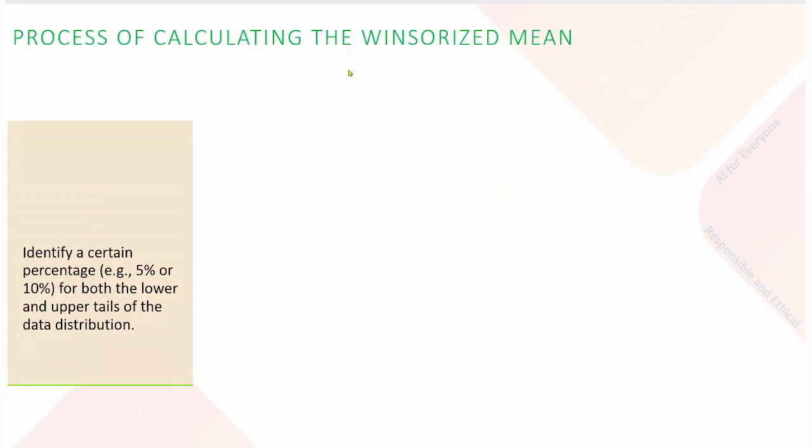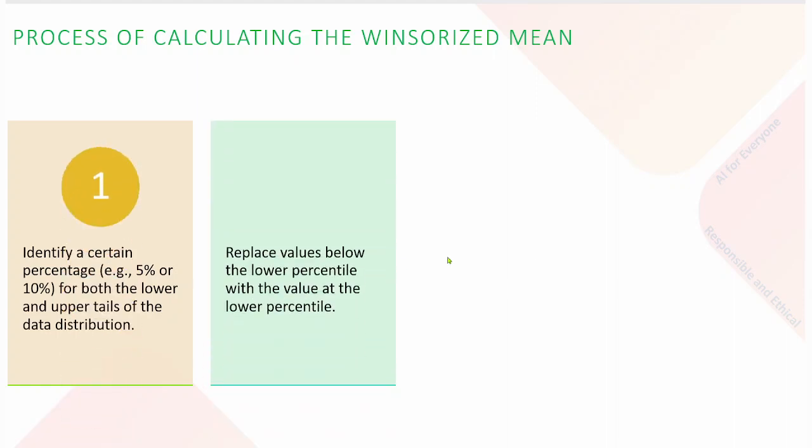So the process to calculate Winsorized mean: identify certain percentages, let's say 5% of both the lower and the upper tails of the distribution. If you feel you have extreme values at both ends, then decide on some percentage of it to be the target for replacing.